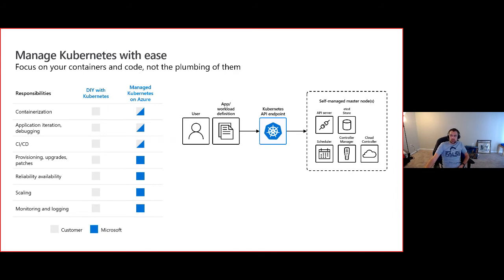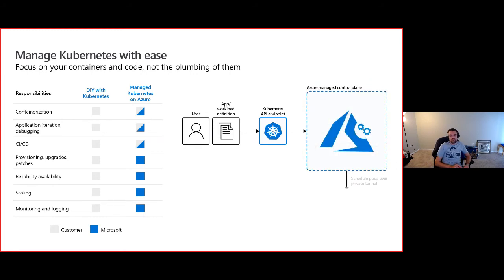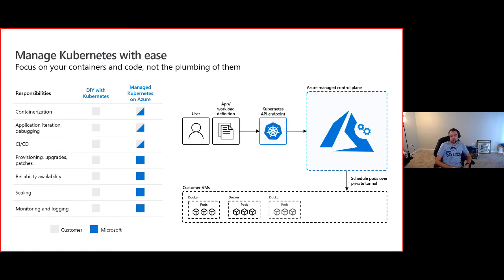And what the Azure Kubernetes Service provides you is we provide you with a fully managed Azure control plane where you no longer need to worry about both setting up, managing, and monitoring your Kubernetes master servers. All of that is managed from an Azure perspective.